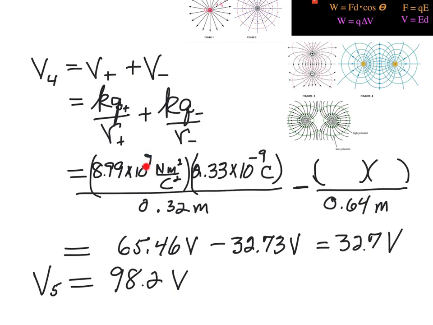Notice when we do the calculation, this is 10 to the 9th, this is 10 to the minus 9th. They cancel. So if you do 8.99 times 2.33, that's the charge that I got, divided by 0.32, you get this. I didn't bother to do that calculation because I know it's going to be half of this. And the answer will be half of this because we're going to subtract half of this.